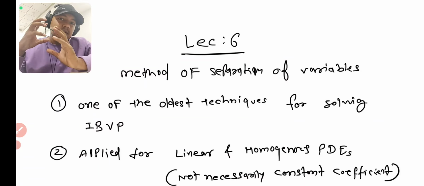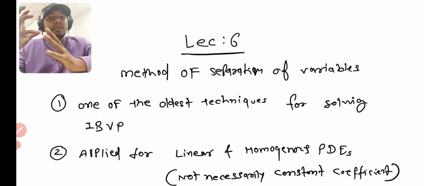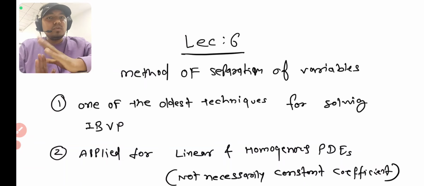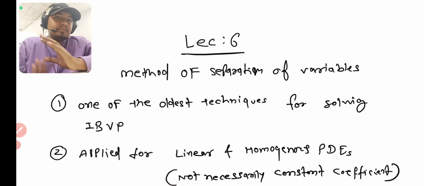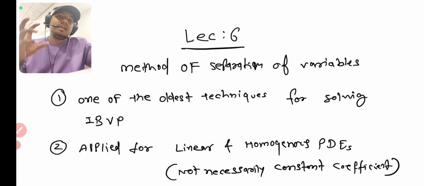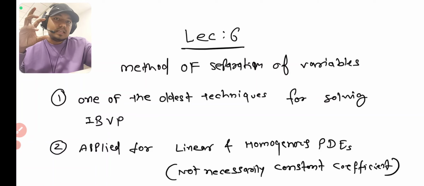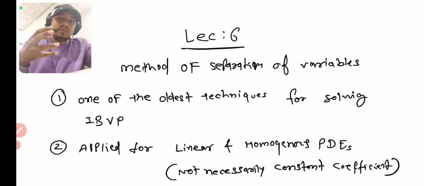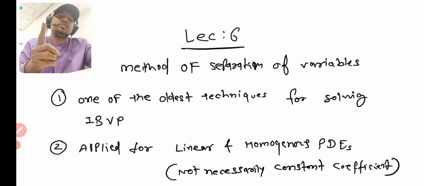So here we'll do something similar. We'll take the variables one side, x one side, y one side. Before going into the lecture, you understand, in PDE, sometimes we are considering u, the dependent variable, as a function of x and y, and sometimes we are considering z, the dependent variable, as a function of x and y.